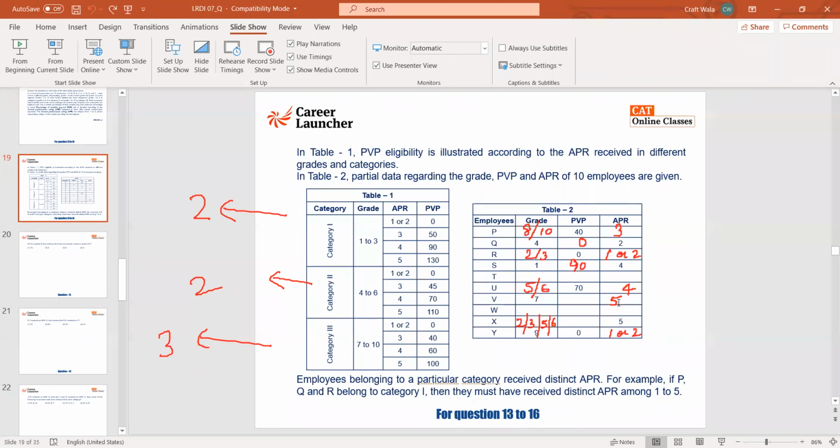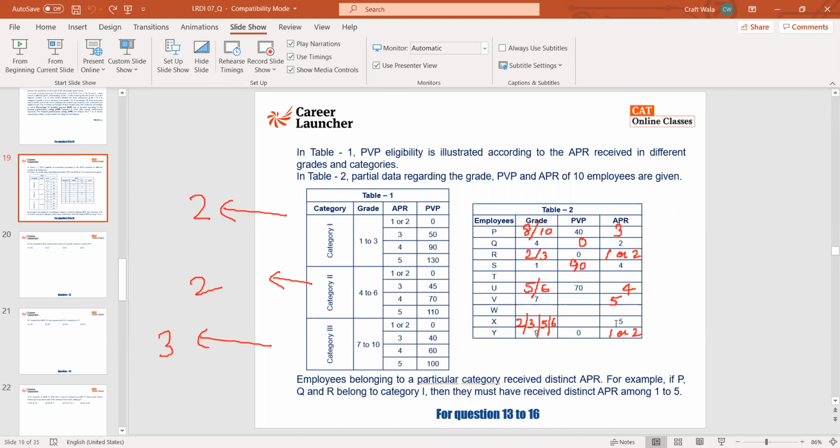if I give a 5 here, he is in grade 7. This is fixed. Now, in grade 7, 5 is also used. Now, X has to get a 5. Obviously, if you are getting a 5 here, you are in category 3, that is V is in category 3. Now, this X, if he is also getting a 5, he has to be either from category 1 or 2.